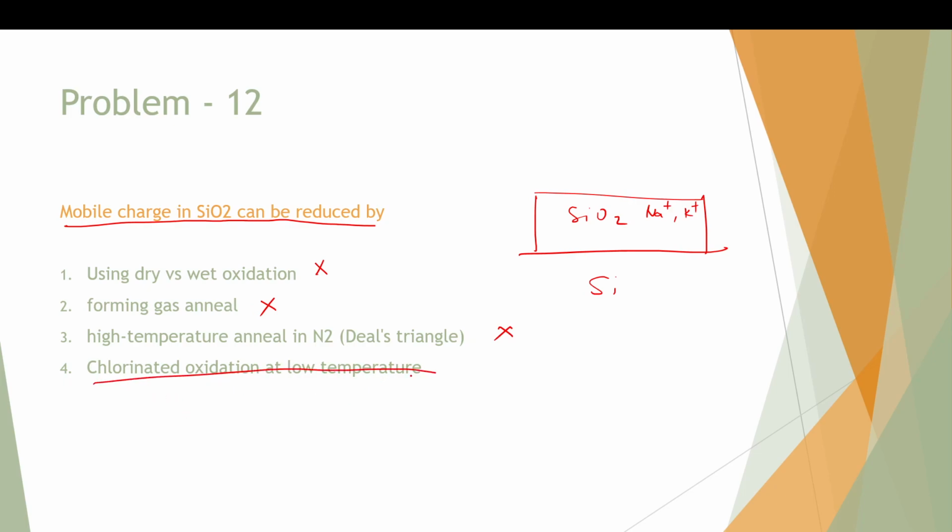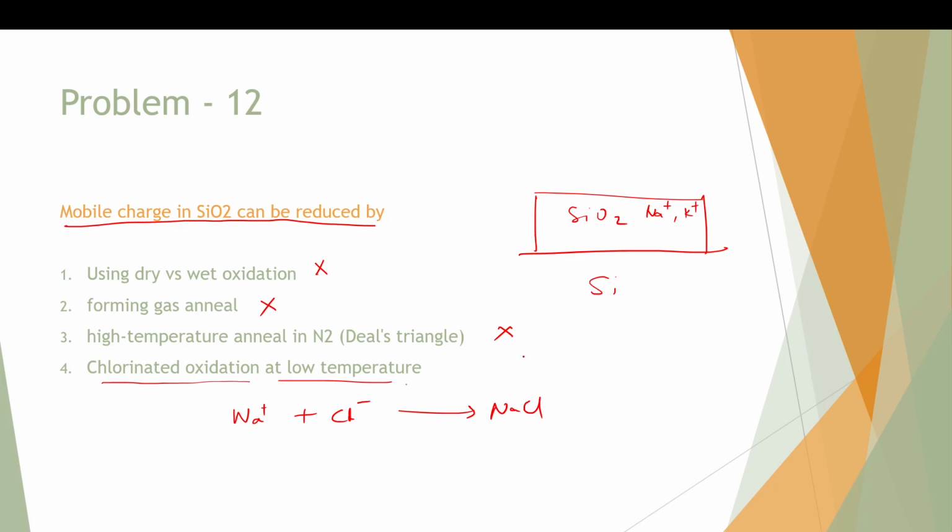Chlorinated oxidation at low temperature. So what does that mean? Chlorinated oxidation means we are making the Na+ ion react with Cl-, so that we form salts.